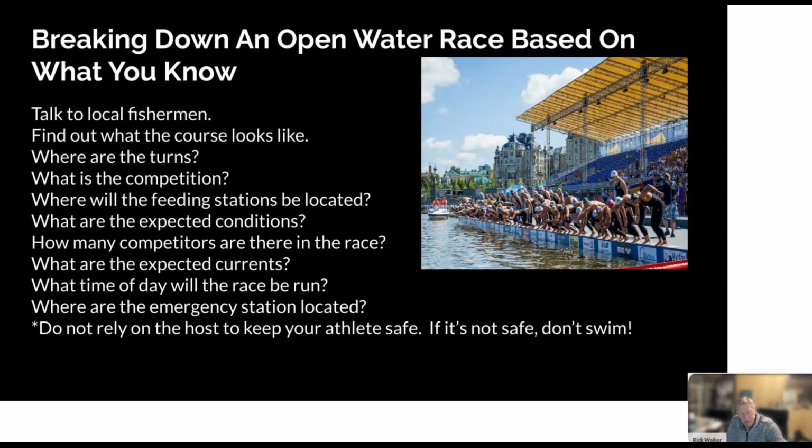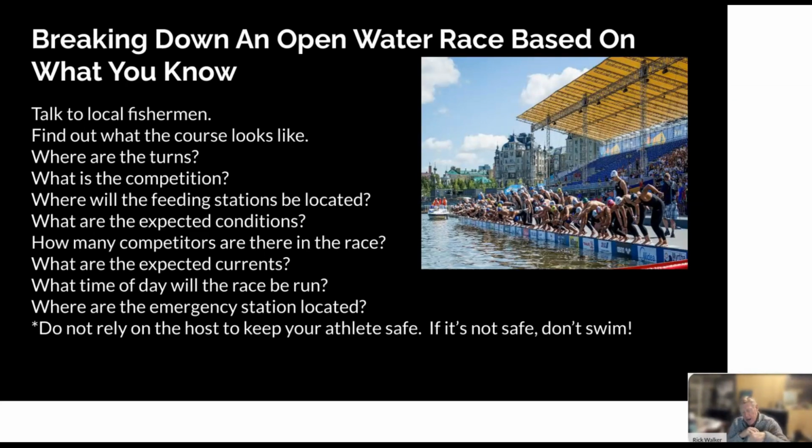All right. Where are the turns? Now, why would you need to know where the turns are? You need to know where the turns are so the athletes are going to be able to visualize a straight line. On many of these courses, because it's a long race, 5,000 is a long way, 10,000 is a long way, and unless it's a small circuit where they're doing 10 loops, which is very hard mentally because you don't have lap counters, the length of the course from one buoy to another is pretty far away.